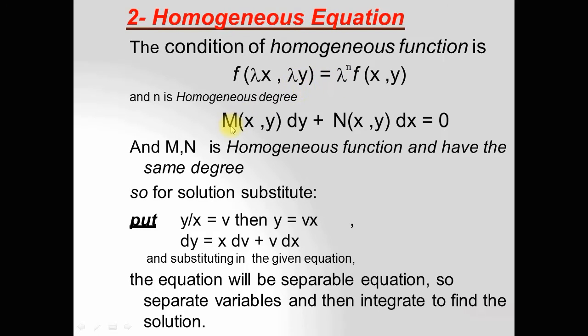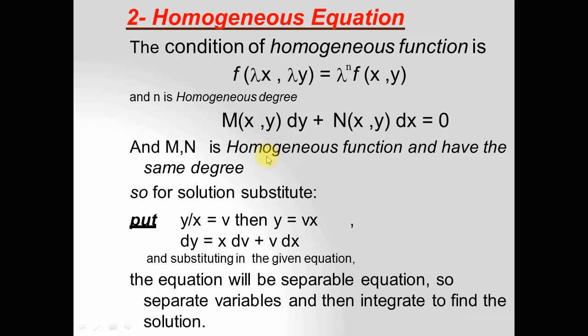Now a differential equation of the form m dy plus n dx is equal to 0 will be homogeneous if m and n are homogeneous functions and have the same degree.